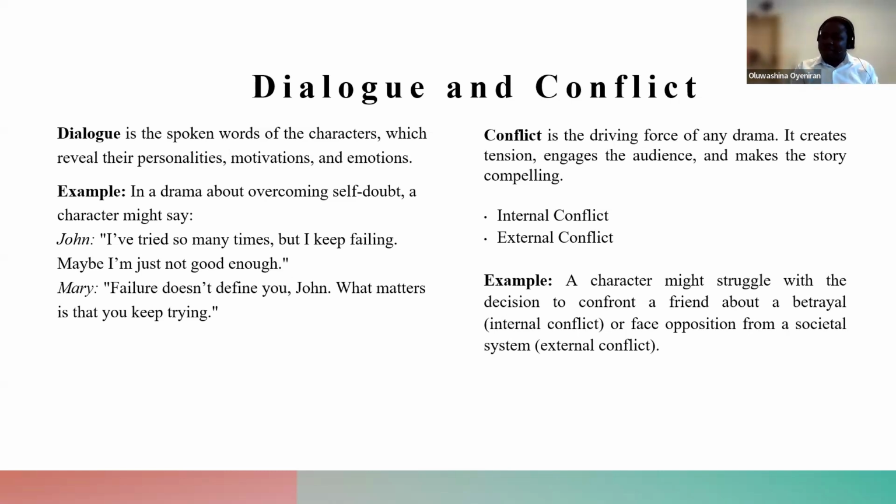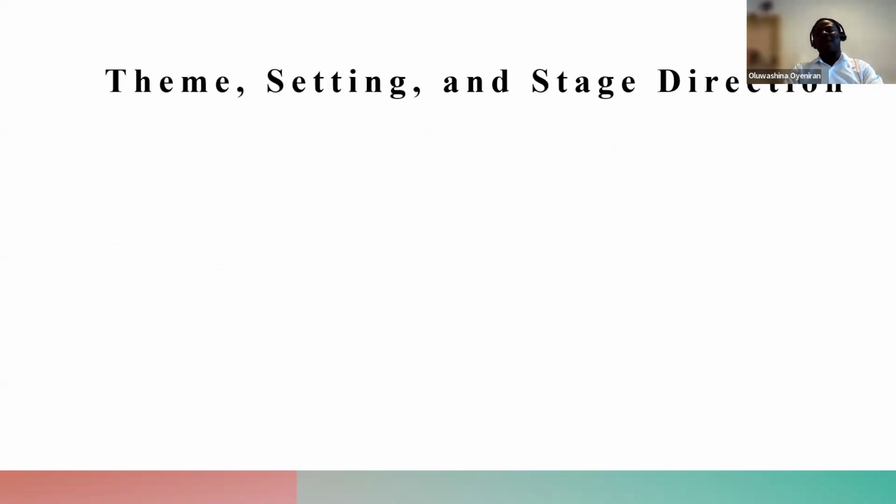That's internal conflict. And the external conflict now, Mr. Lagbaja, Mr. So-and-so is going to say this. So Mr. So-and-so is now a kind of external conflict. So all these elements have to be evident in our scripts.